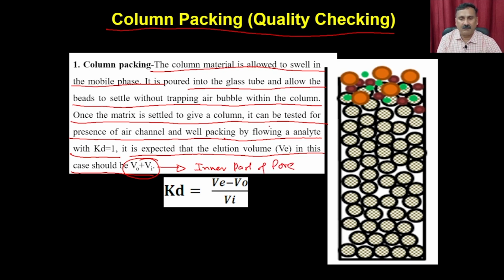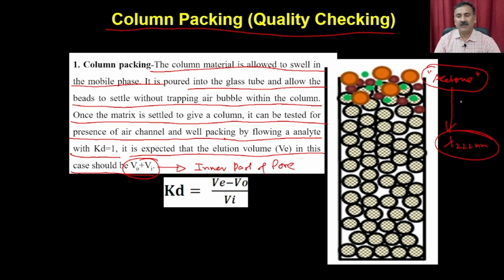So what can be the smallest molecule? What people do is they always try to analyze acetone. Acetone is miscible in water, and it can be detected by taking an absorbance at 220 nanometers. So you can know when the acetone is coming out from the column. If you analyze the acetone, its elution volume is going to be equal to VO plus VI.